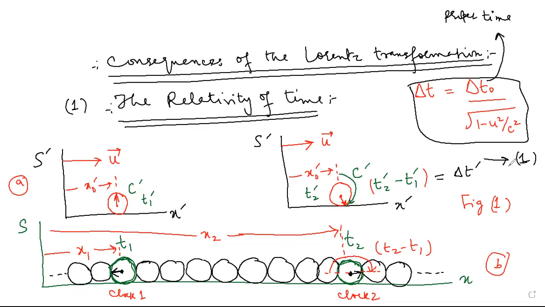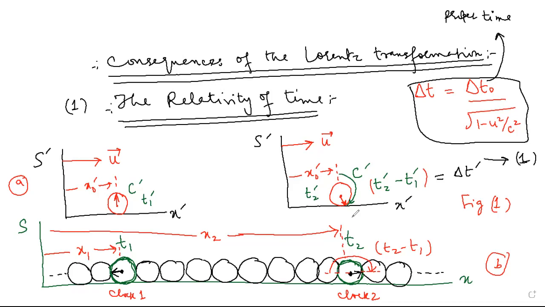S prime measures the time interval delta t prime equal to t2 prime minus t1 prime, in which the hand of the clock moves between two marks, passing the first mark at time t1 prime and the second at time t2 prime, right?